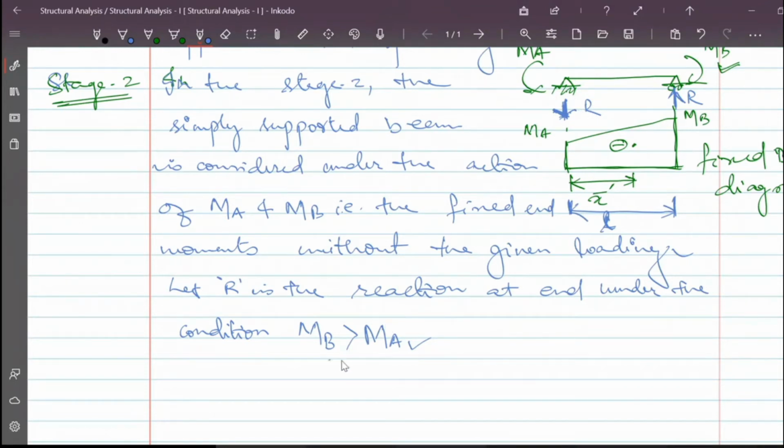If MB is greater than MA, can I write R equals MB minus MA by L? The reaction R will be given as MB minus MA by L. Now you may say, sir, where did this come from?